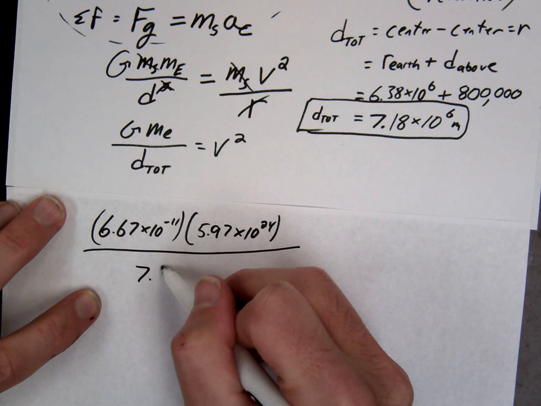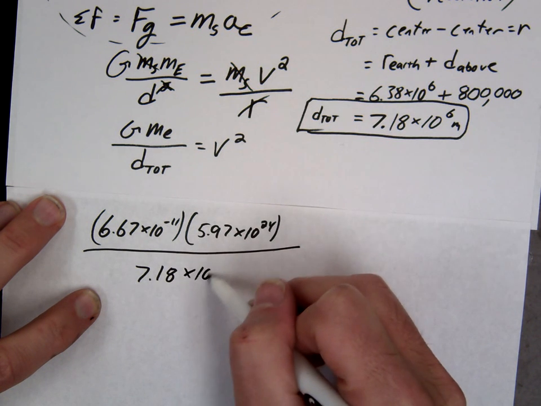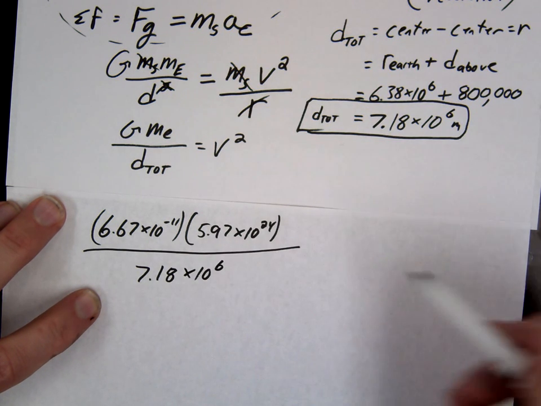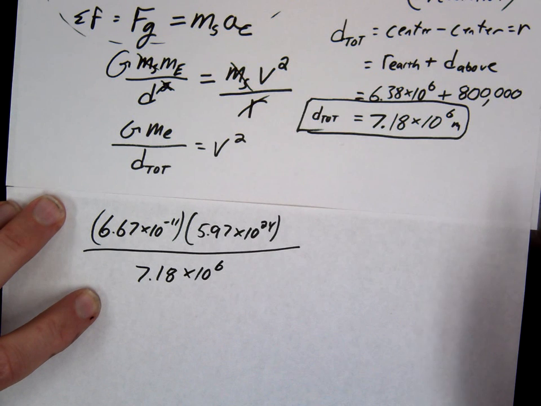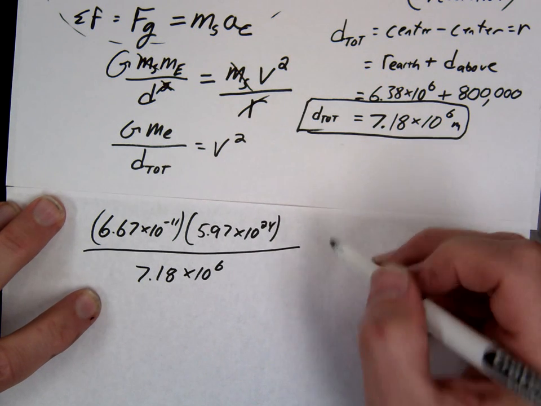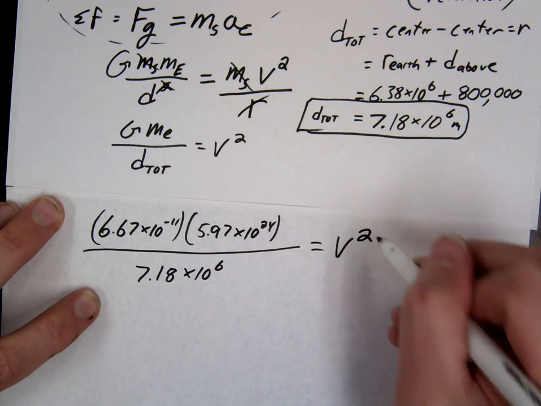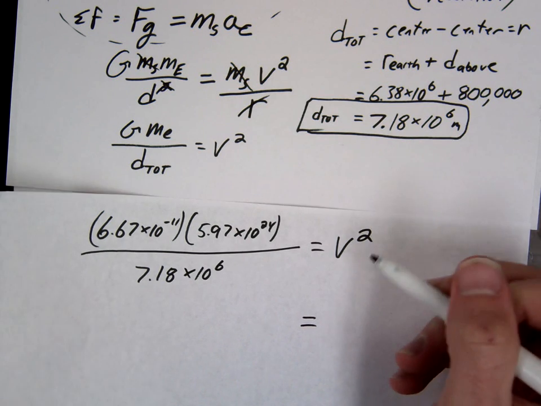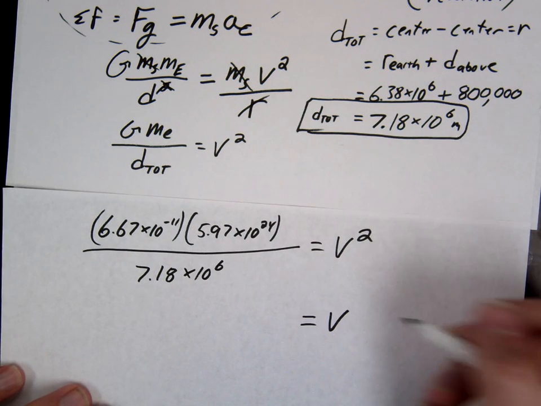And make sure that you're using that total height, 7.18 times 10 to the 6. And then don't forget to square root.